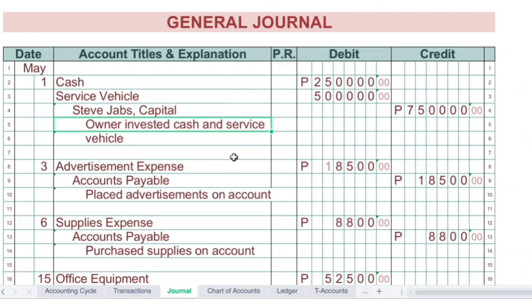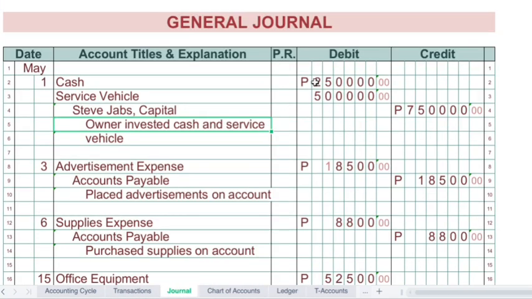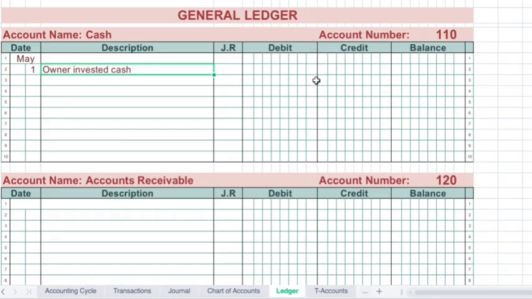That is when the owner invested cash. So, lalagay natin yun sa ating description. Owner invested cash. Hindi na natin nalagay si equipment kasi si cash lang naman yung pinaka-focus natin dito. Okay. So, that is debit. Debit 250,000. Lalagay din natin siya dito sa debit column.